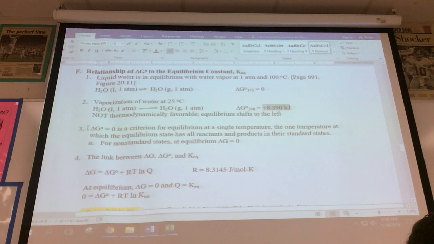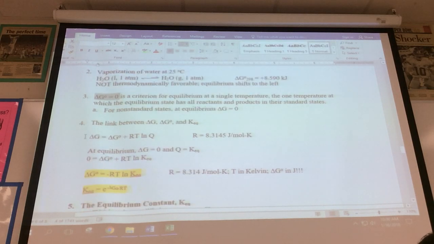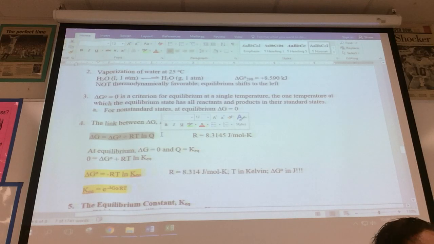Now, at equilibrium, delta G under standard conditions will be 0. Non-standard conditions, that is different temperatures and different pressures, delta G will be 0, not delta G naught. And what you can do is you can write an equation, and all of these are given to you on your formula sheet.